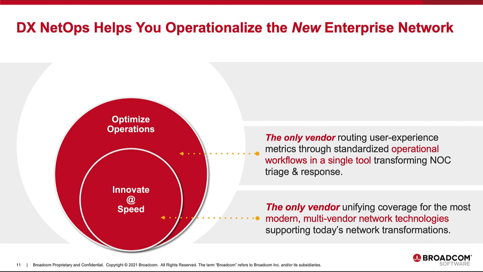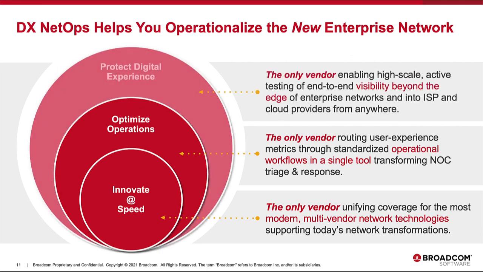So to be able to utilize standard operating procedures when it comes to triaging and diagnosing network performance issues, to have network path experience metrics and user experience metrics, to be able to get even more granular insight to what network delivery looks like and performance, helps to transform operations triage and response. And then again, being able to protect the digital experience and the network delivery of that digital experience.